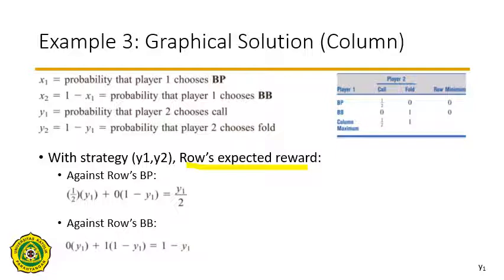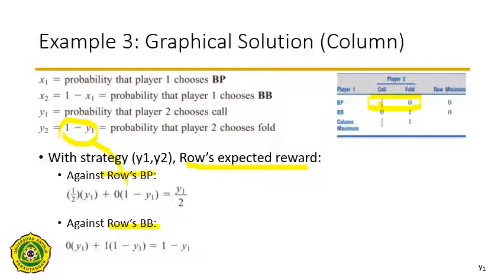When we are the column player, we cannot control what the row player will play. So we separate again: if the row player plays BP, and if the row player plays BB. If the row player plays BP, then the expected reward for the row player is half times y1 plus 0 times y2, and y2 is 1 minus y1.